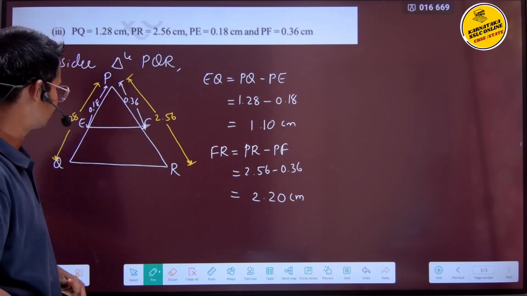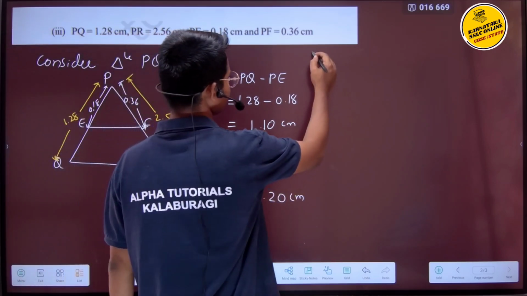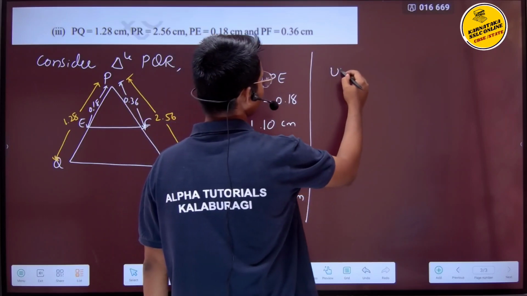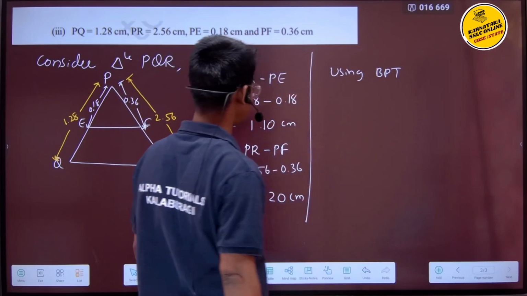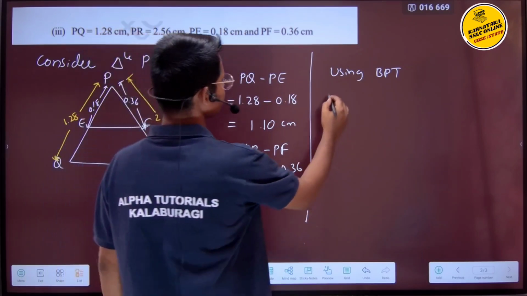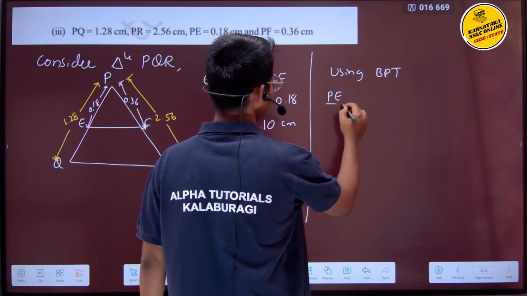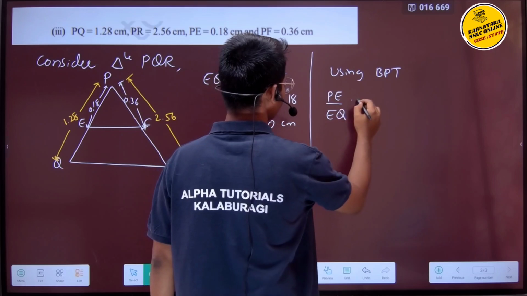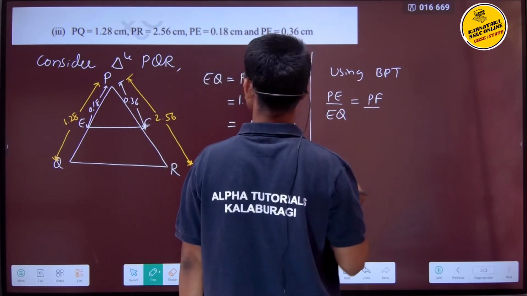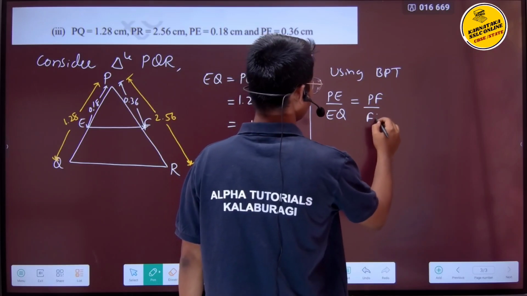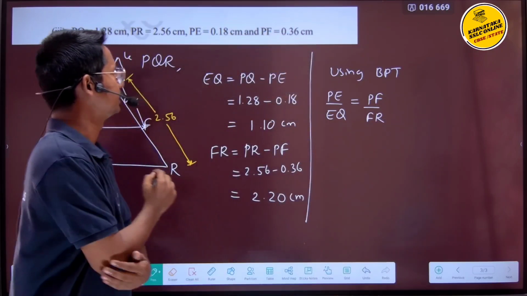Now we will make use of BPT. Yes, using BPT, PE by EQ is equal to PF by FR.